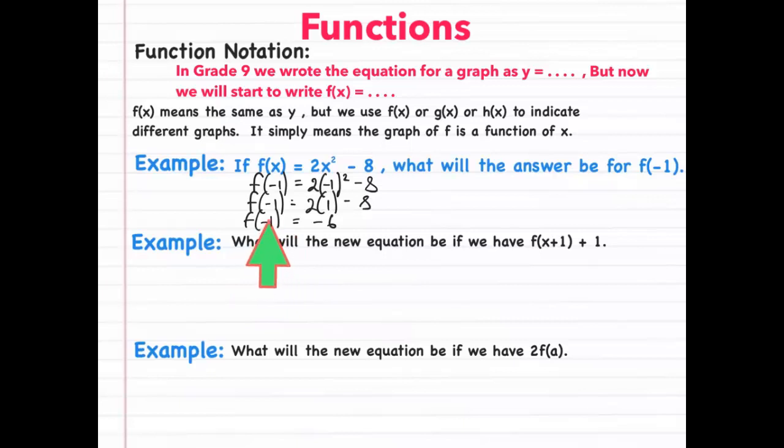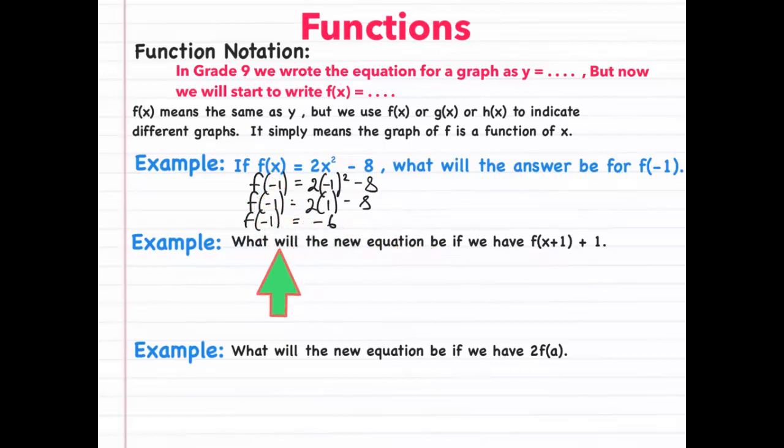So when x is -1, our y value will be -6, because remember, f(x) is the same as our y. So if we say f(-1), that basically means what will be the y value when our x is -1.